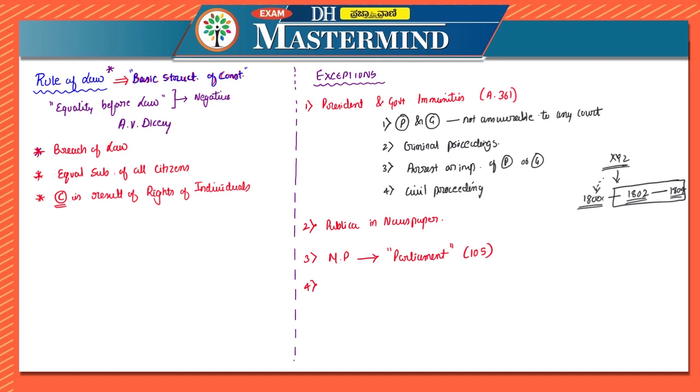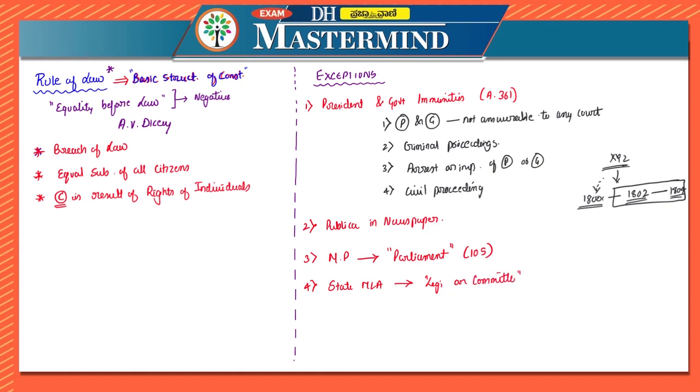Next, fourth exception. In case of state legislature, that is MLAs and MLCs. No member of the legislature of the state shall be liable to any proceedings in any court in respect of anything said or any vote given in the legislature, or even in the committee.